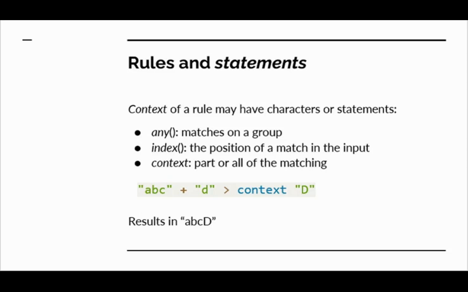So for example, if I have lowercase abc and then I add a D to it, then I can say that my rule would be take the context, the ABC part, and instead put a capital D rather than a lowercase. That results in this. This is a simple example of using a keyword rather than having to reproduce what the context is. This context just refers to whatever is to the left side of the plus sign.